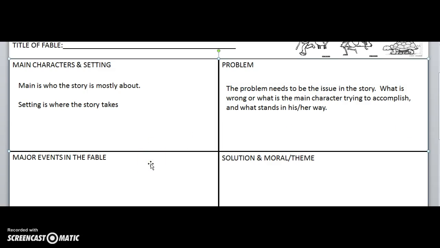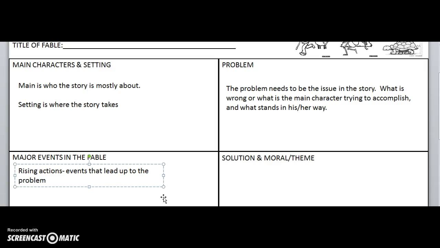The major events in the fable are going to be the things that we would find on the plot map. So these are going to be your rising action, or actions, because there may be more than one event. And remember, your rising actions are going to be events that lead up to the problem. For example, in our read aloud yesterday, we said that the problem was the wolf ate the sheep.